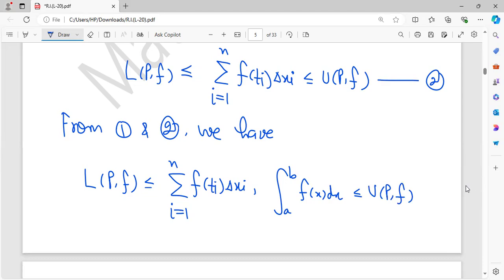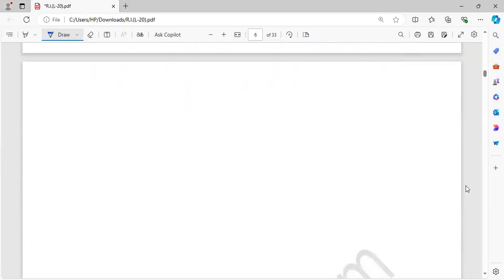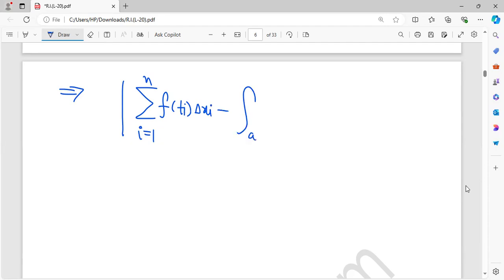This implies that the absolute value of the summation i from 1 to n of f(ti) delta xi minus the integral from a to b of f(x) dx is less than or equal to U(P,f) minus L(P,f). But this is already less than epsilon.